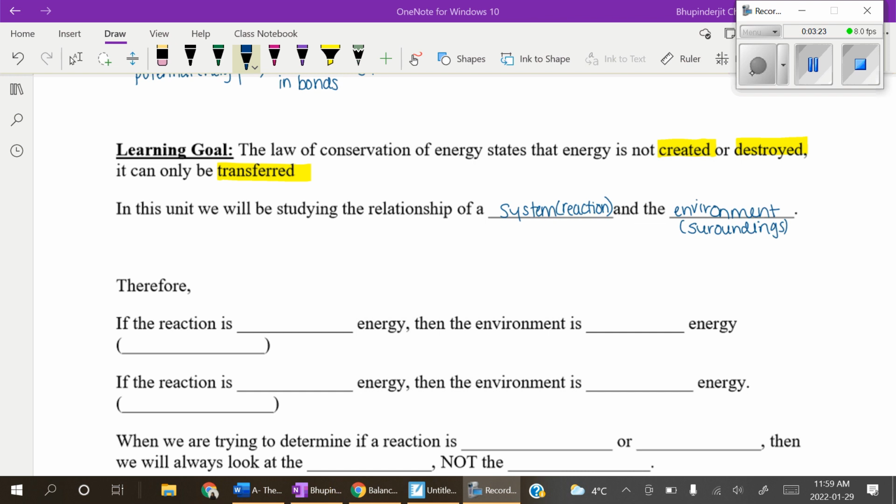Now, I'm going to talk about the magnitude. So magnitude, I'm not talking about negatives and positive. We're looking at everything without a sign of positive or negative. So if we're just looking at magnitude, we can say that the energy of our reaction or system is equal to the energy of our environment, because whatever happens, those guys are exchanging or transferring energy amongst themselves, so they will be equal.